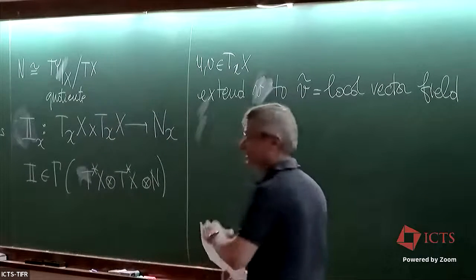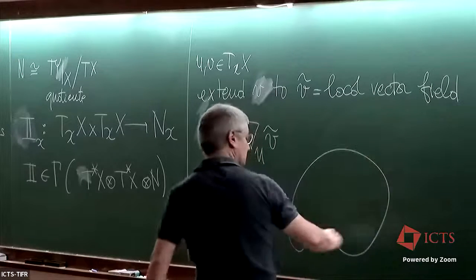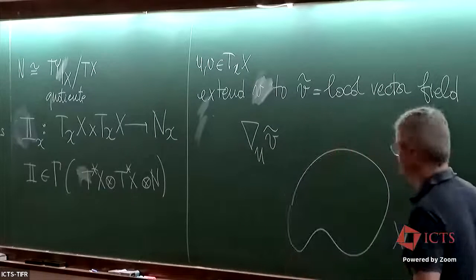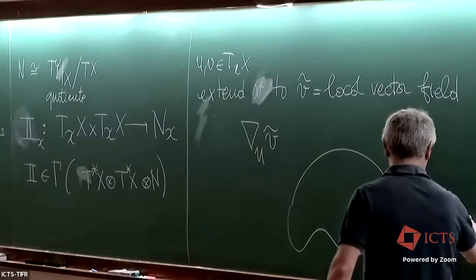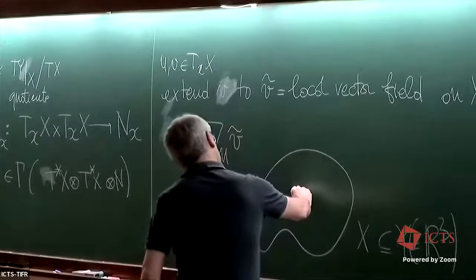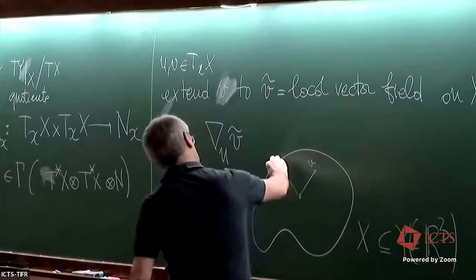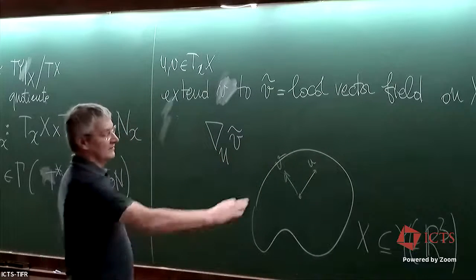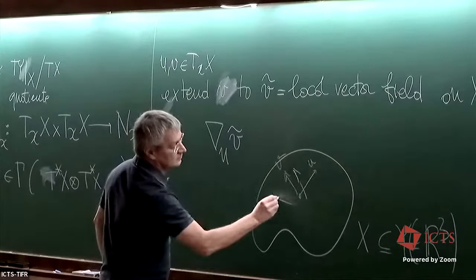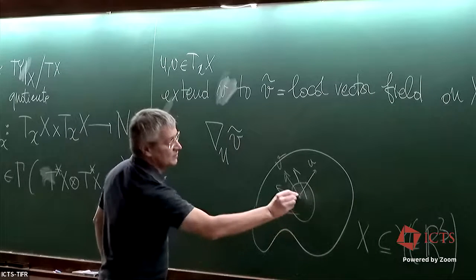Because if this is X inside Y, let's say that Y is simply R3 for the picture. Then here we have the two tangent vectors. And I have extended V to a vector field in a neighborhood of the point.